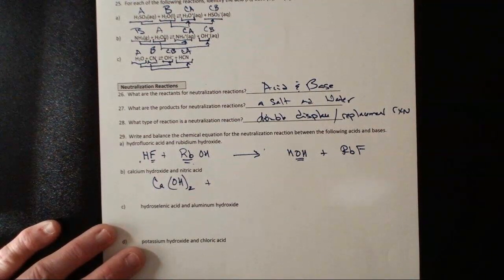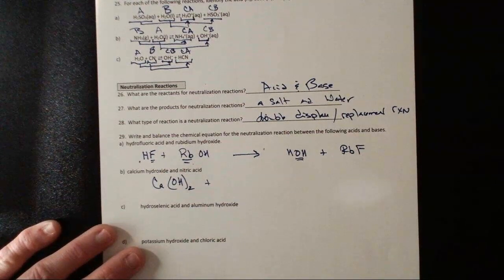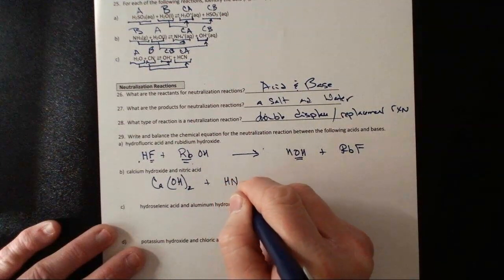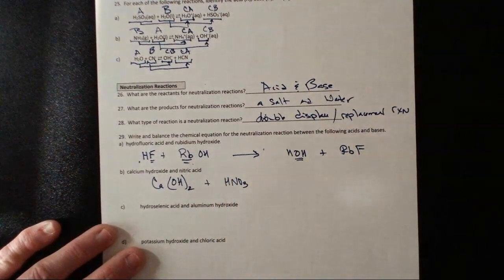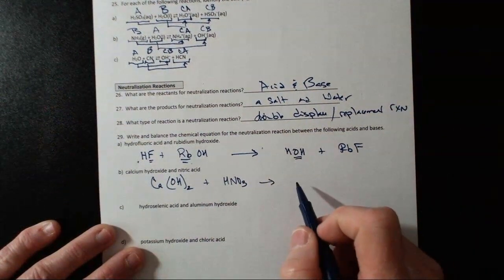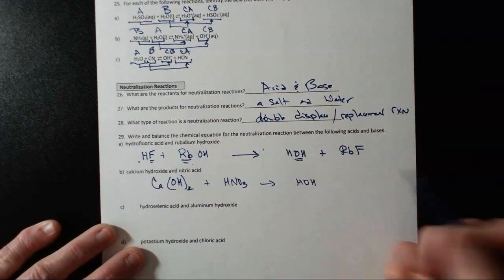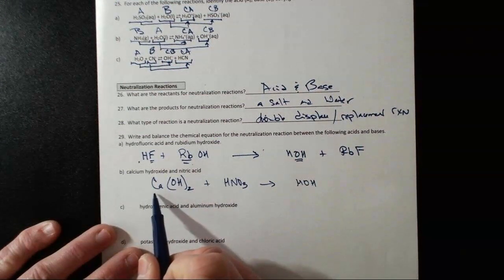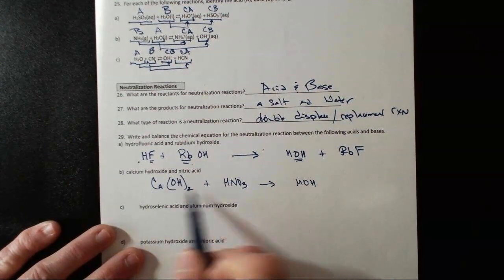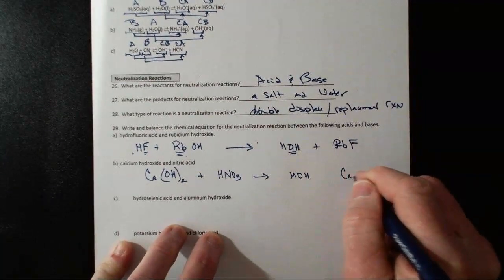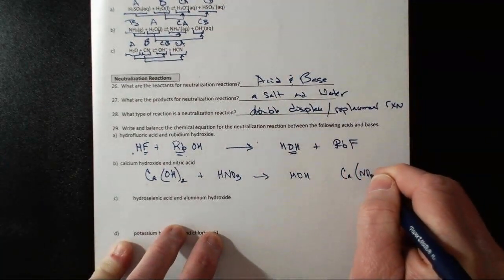So I have to look on the back of my periodic table, nitric, so -ic, -ate, that would be nitrate. So that would be HNO3 yields, now put it in my water, HOH, so that would be the H and the OH here, and cation from the base, anion from the acid, so calcium nitrate.